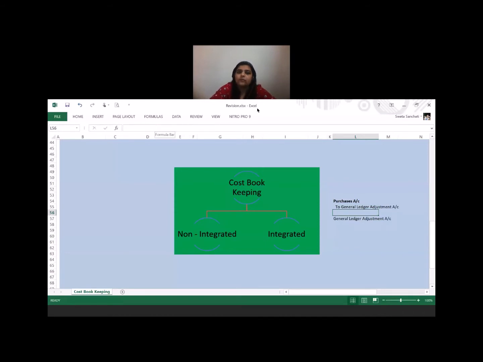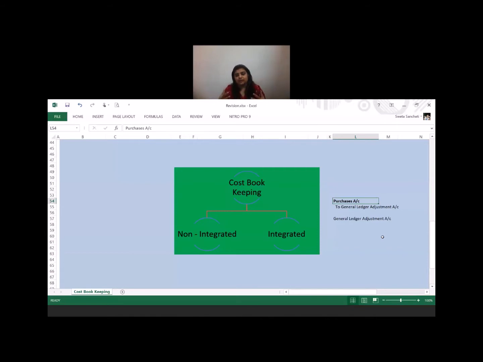We are going to dump all financial entries in general ledger adjustment account. Now, coming to purchases, we are not going to prepare a separate ledger for purchases. All the materials will be recorded together in one ledger, that is the stores ledger control account. Now let us see how the accounting goes on.